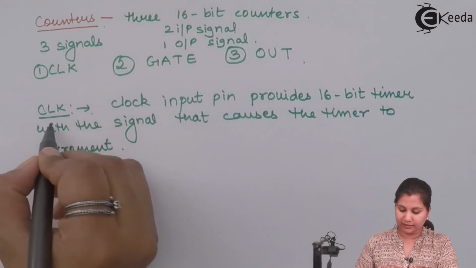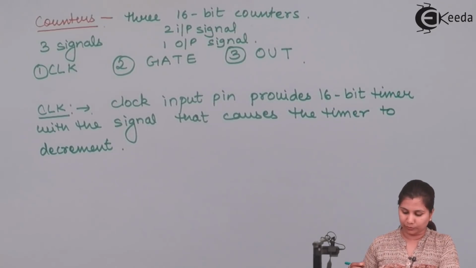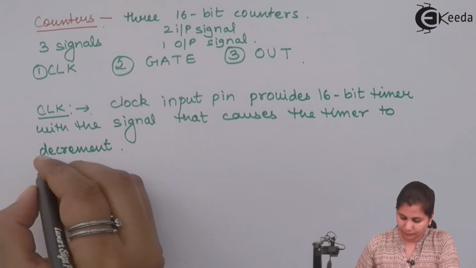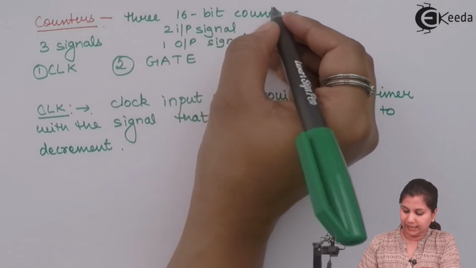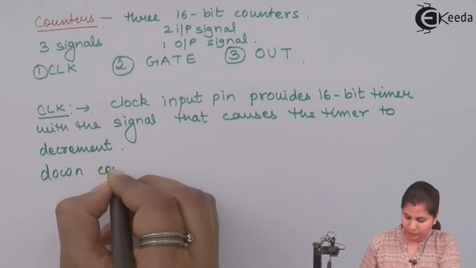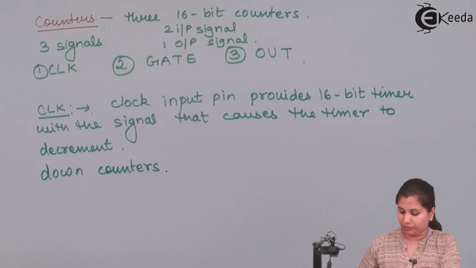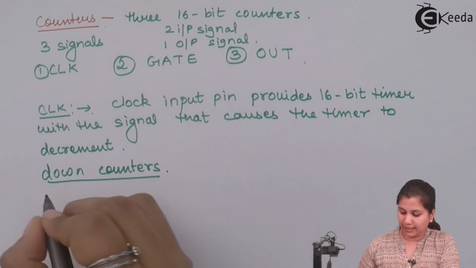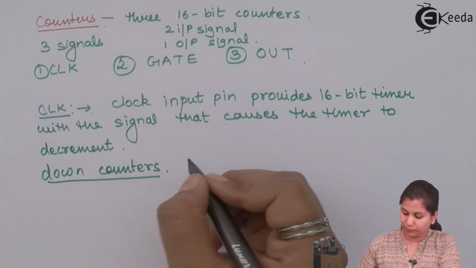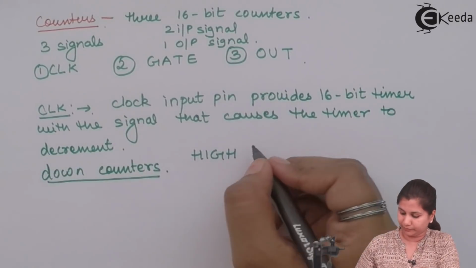So when this clock signal is given to the timer, which is already loaded with the count, it will start decrementing the count until its value reaches 0. Now these 16-bit counters, as they are down counters, are always going to decrement the count. Also, these counters decrement the value of the count on every high to low transition of the clock input.